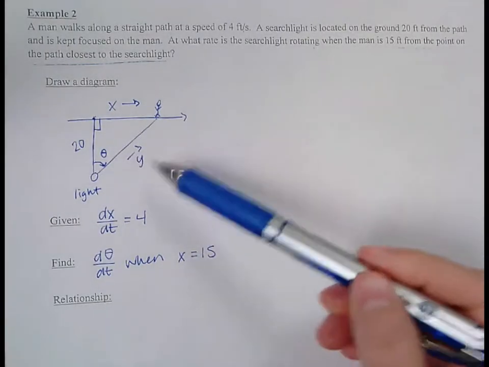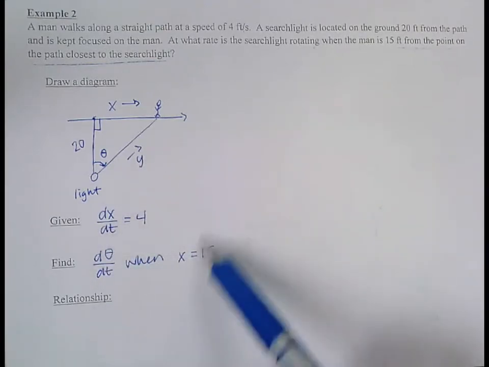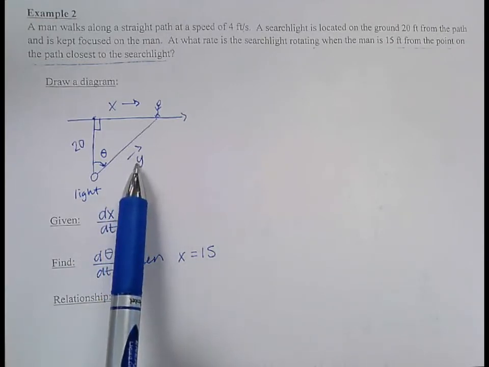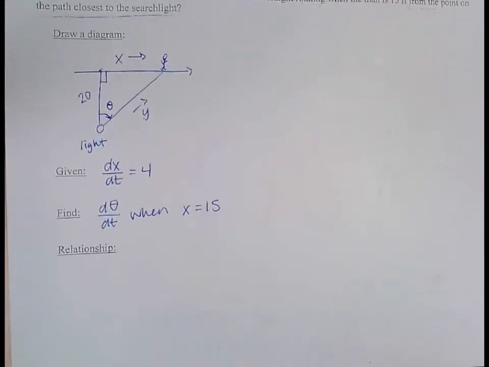Notice I labeled y on my diagram, but I don't need y for anything here. So it's fine if I don't have dy/dt. I just want to make sure that my relationship doesn't include y, because I don't have dy/dt and I don't need it. So looking at the diagram you drew, what is a relationship between theta and x?